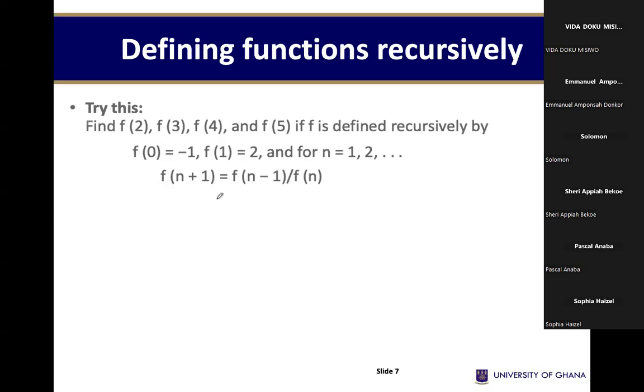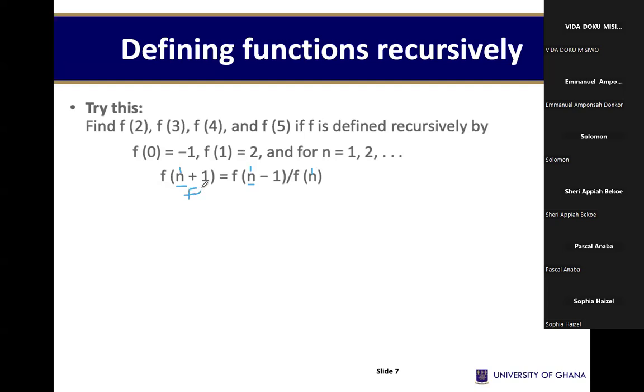So let's see. If you take N equals 1, watch this. Here N is 1, so I'm going to have 1 here, and 1 here, and 1 here. So that's now going to give me what? My F of 2, straight up, because it's 1 plus 1.